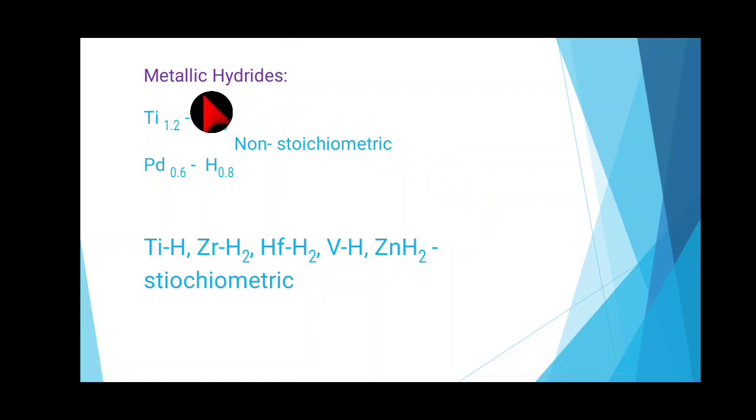The third hydride, metallic hydride. Otherwise we can call them interstitial hydrides. Metallic hydrides are usually obtained by the hydrogenation of metals and alloys, in which hydrogen occupies the interstitial sites.